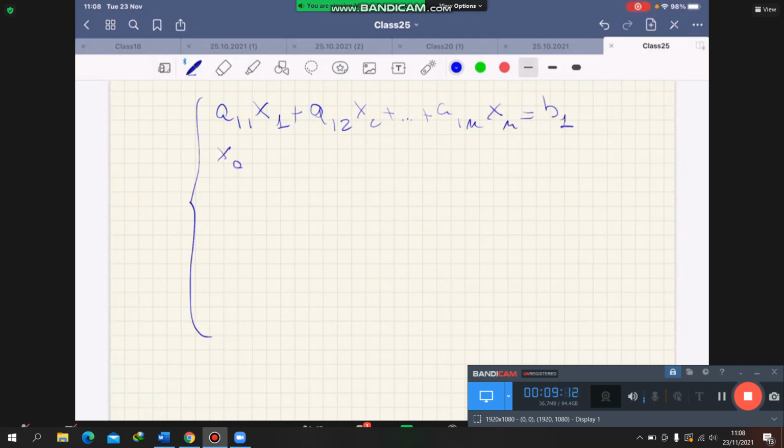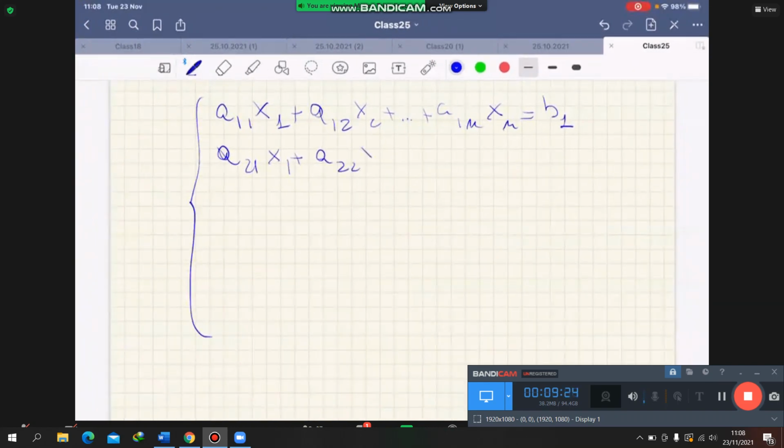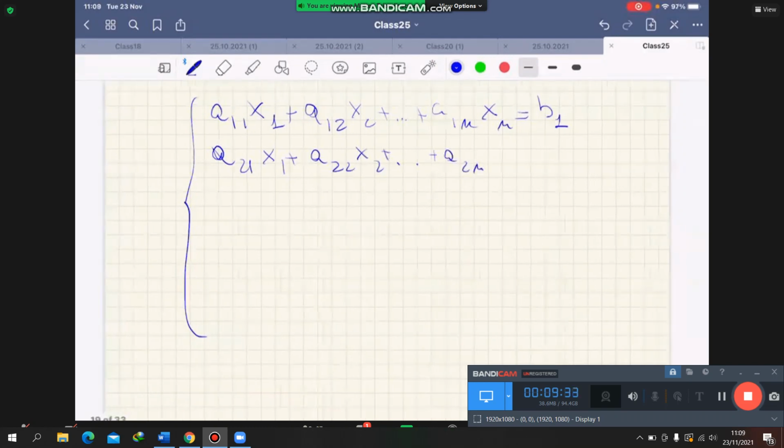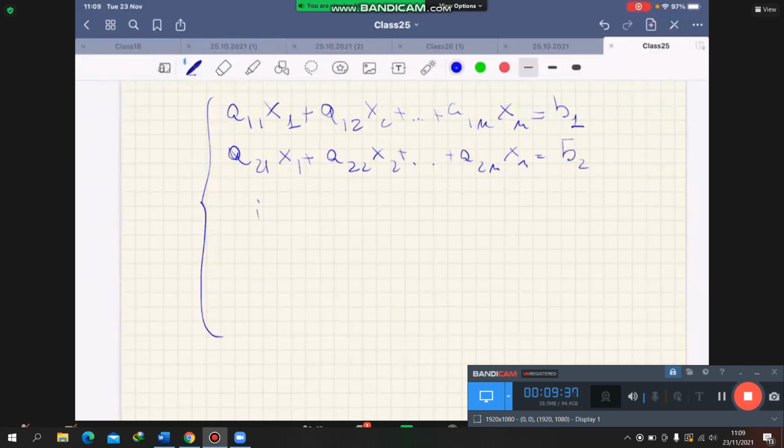Then a21 x1 plus a22 x2 plus a2n xn equal b2.